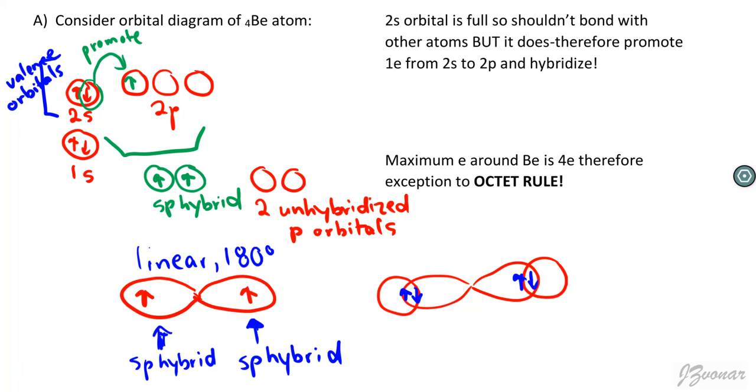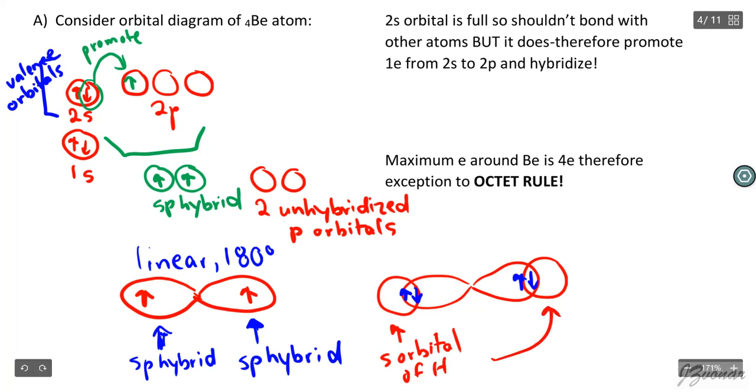So this here is an s orbital of hydrogen, as is this one over here. These represent the sp hybrid orbitals of a beryllium atom.